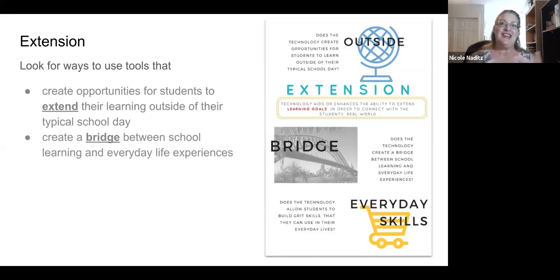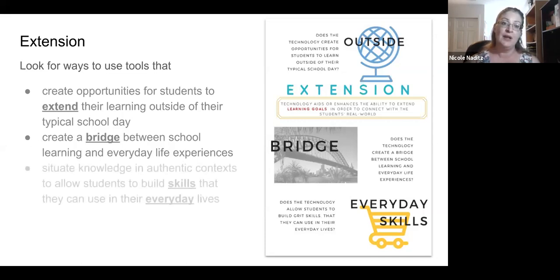But that also creates a bridge between their school learning and everyday life experiences, so that there is a purpose for the work they are doing that is beyond being able to check off that it was done or providing a grade. It's more than just an academic task. It's a task that has relevance to people outside of classrooms. It's the kind of work that sometimes people will say real people do with this same skill, this same concept, or this same knowledge.